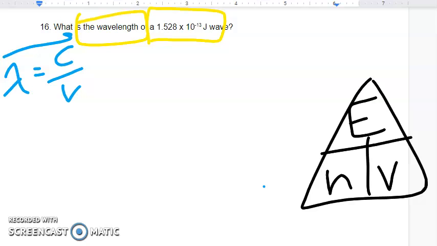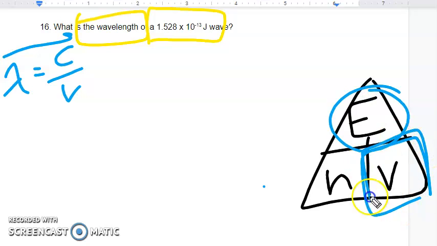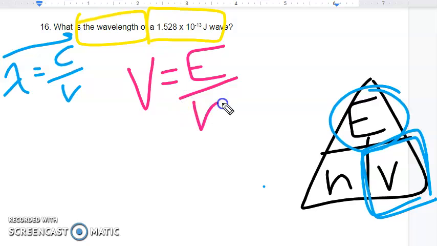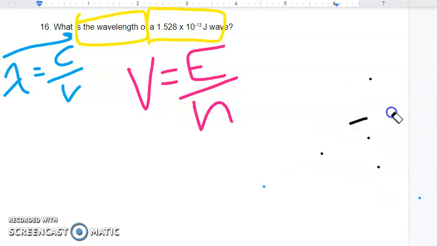So here's the problem. We really need frequency. But if we're given energy, we can in turn solve for frequency because our other triangle can solve for frequency. Frequency is E over H. Well, remember guys, H is a constant, so we know H. Do we have enough information for E?